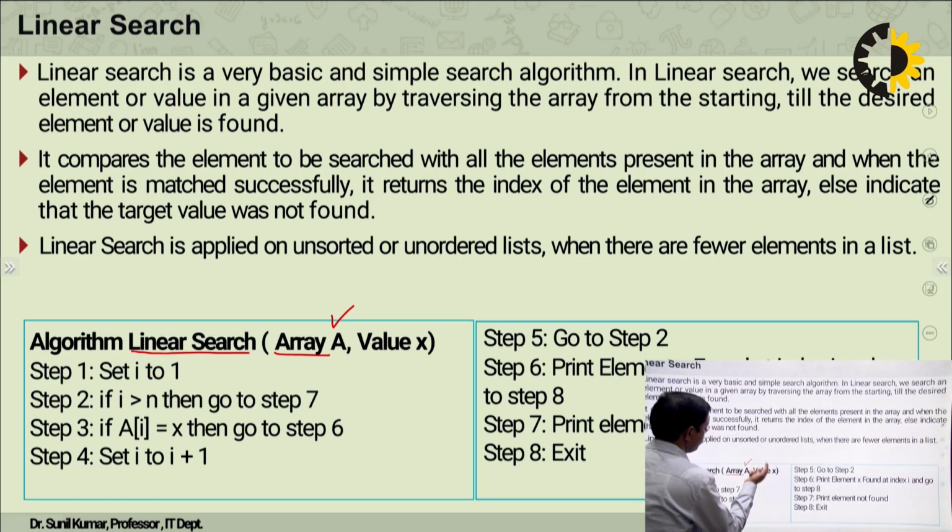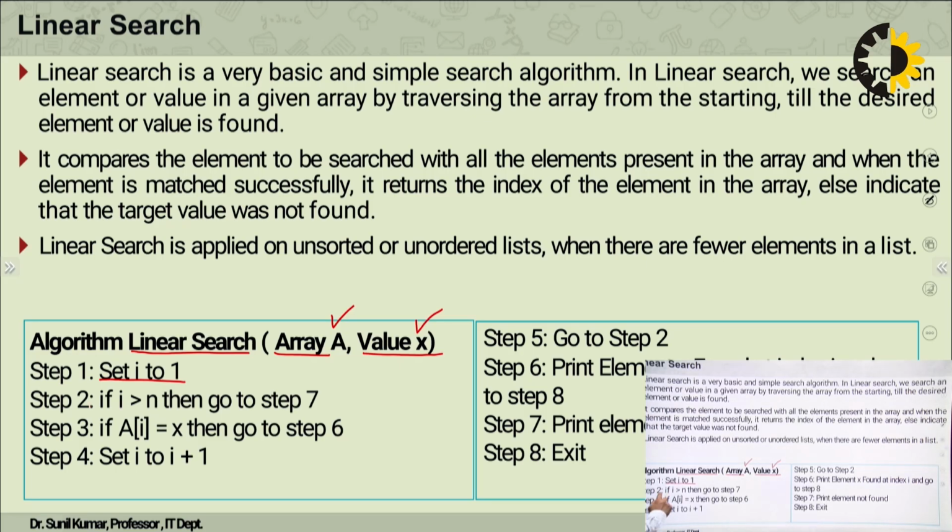And now, for example, in this array, we are trying to search value x. In the given array, we have to search value x. Now, what will be the steps if we are searching value x in a given array A? First step is set I to 1. We are running a loop with the help of I, and we are setting onto the first element.